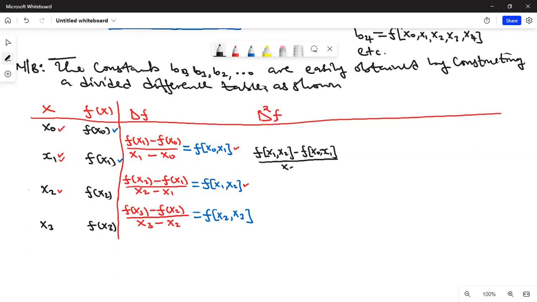The extreme values are x2 minus x naught. And so this is the same as writing f of x naught, x1, x2.